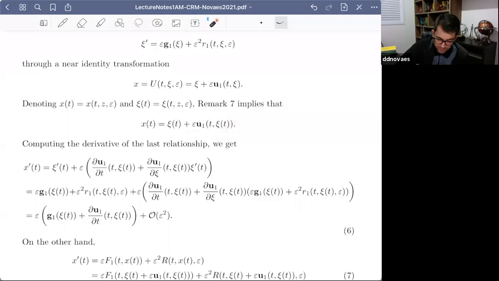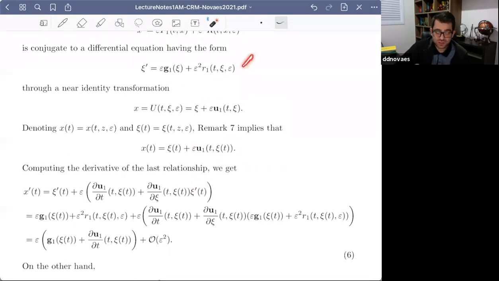When I compute this derivative, we get the derivative of u1 with respect to the first coordinate plus the derivative of u1 with respect to the second coordinate multiplied by the derivative of kc. We know that kc is a solution of this difference equation, so we can make the substitution.